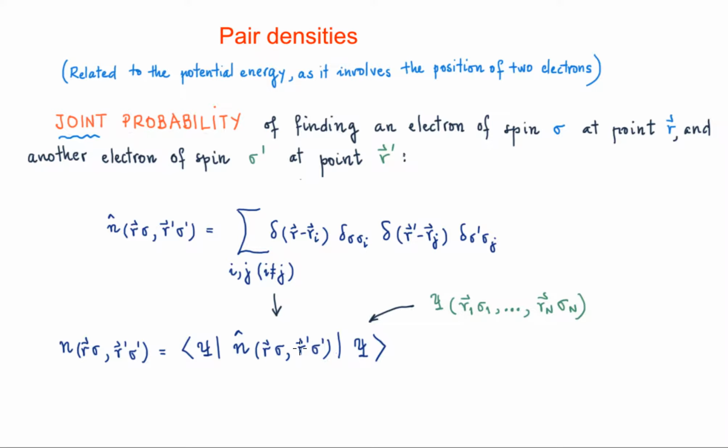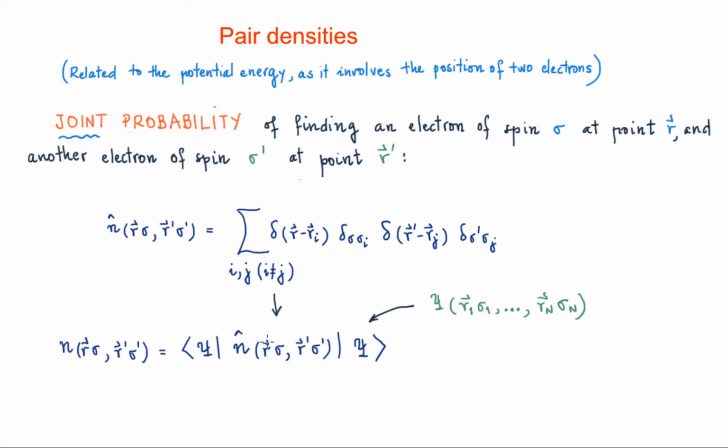And in order to manipulate that expression, that's very easy to do. You have to follow the same steps we followed for the density. We have to express that as an integral over the different variables, the integration of the spatial coordinates of different variables, going from R1 to Rn.